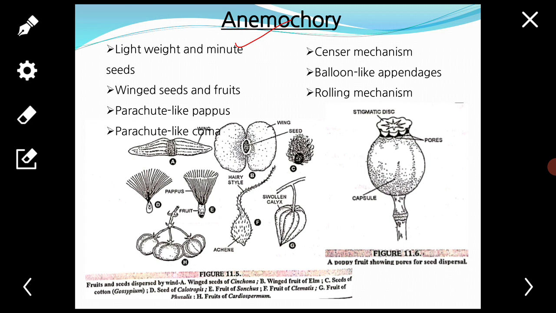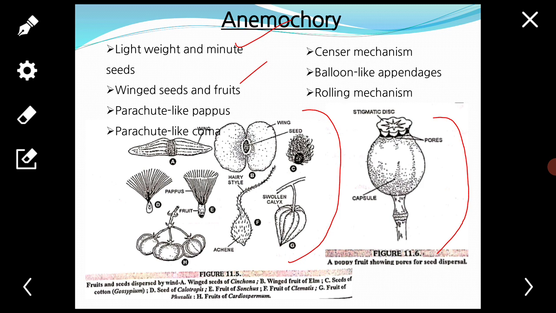Next, winged seeds and fruits. You can also see the figure in this. The fruits and seeds develop thin, dry, and membranous wing-like structures to float in air or wind and be carried to long distances.